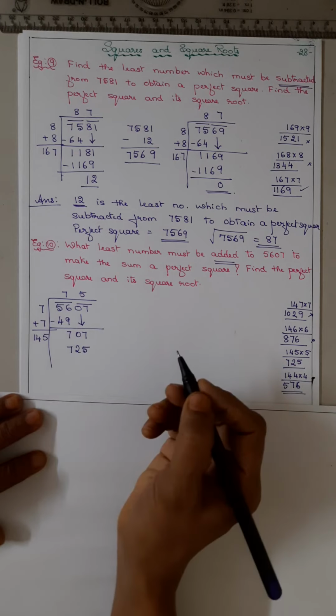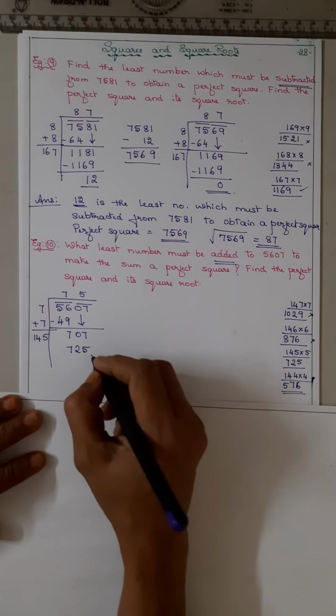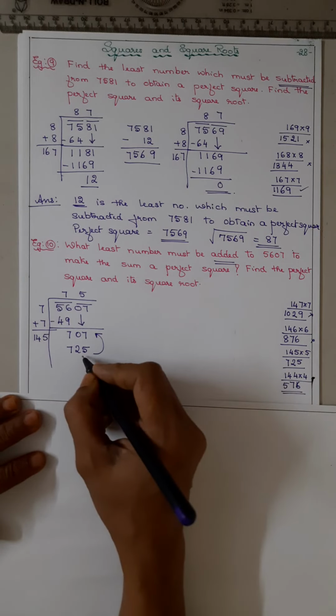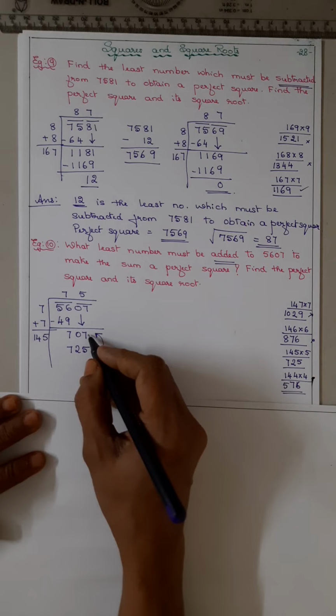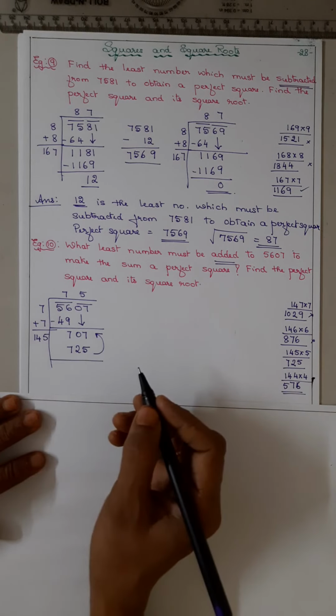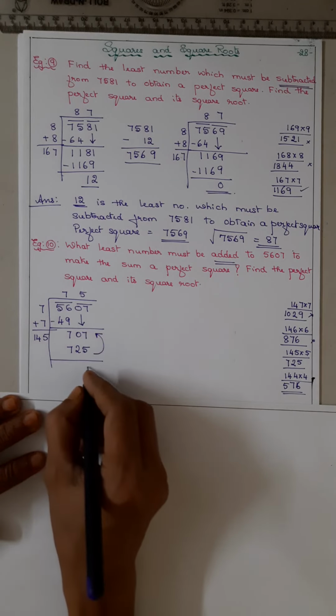725. Now the next step is we have to subtract in the reverse order, because this is bigger and this is smaller. So 5 minus 7, that means 15 minus 7 is 8.